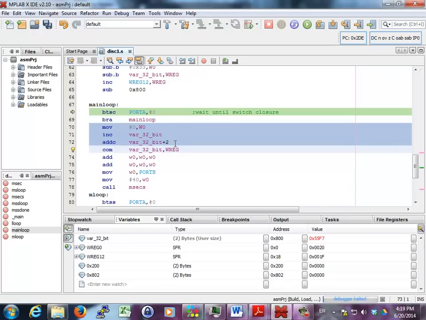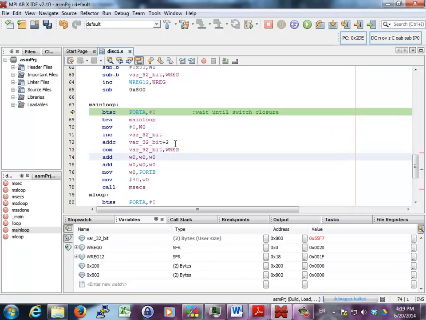It's 1's complement. If you want to do 2's complement, you would say negate, neg. And the reason that you add W0 to itself, basically the first add W0, W0, W0 is multiplying it by 2. The second line is doing another multiply by 2, which means you multiply it by 4.